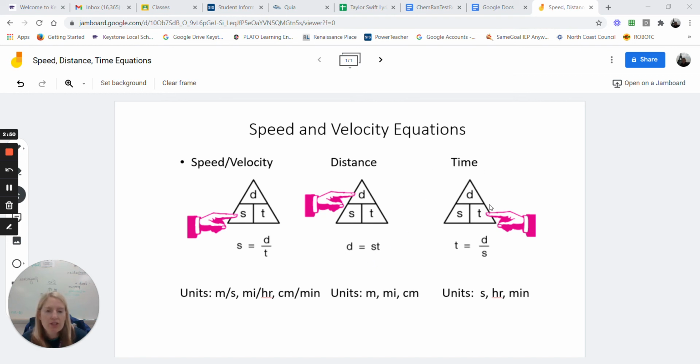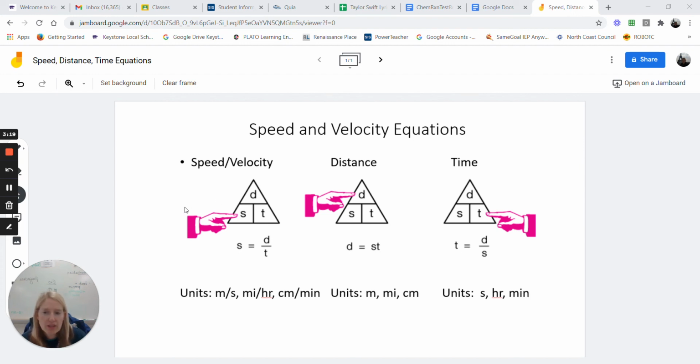And then to determine the time, if I look at where time is in my triangle, and I look at the other letters in relation to t, I can see that they are d over s, or distance over speed. So if I take the distance divided by the speed, I will end up with time, and our units for time might be things like seconds, hours, minutes.